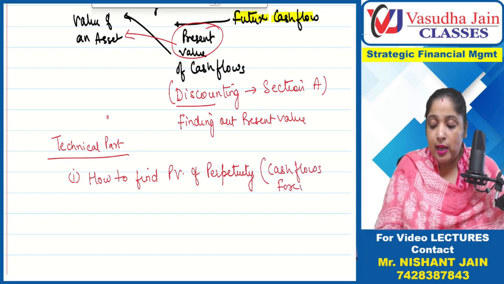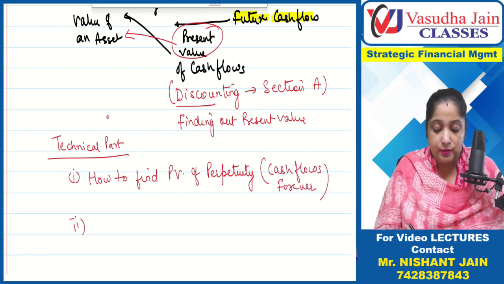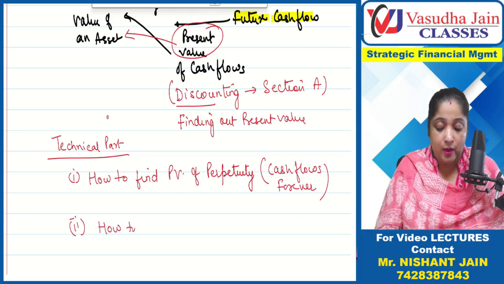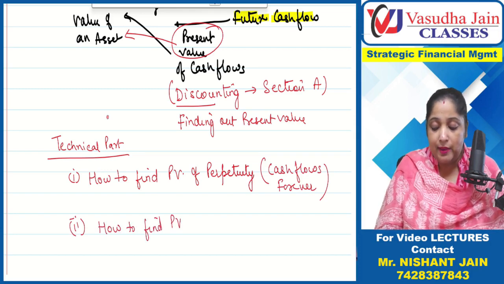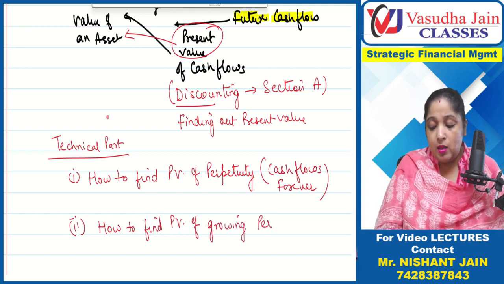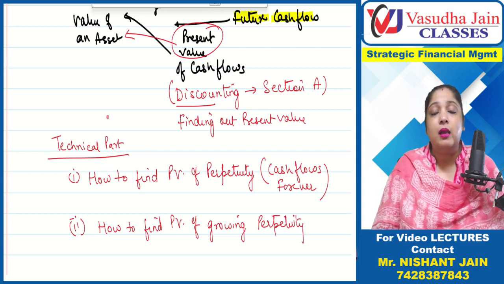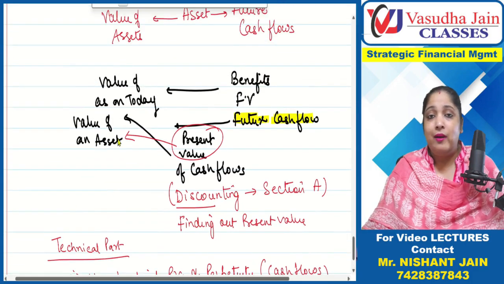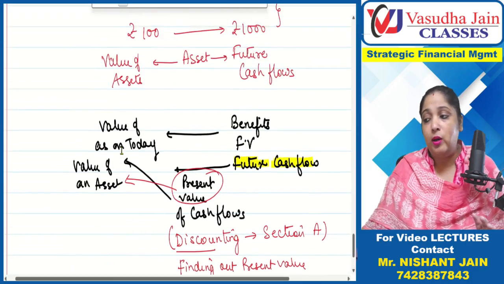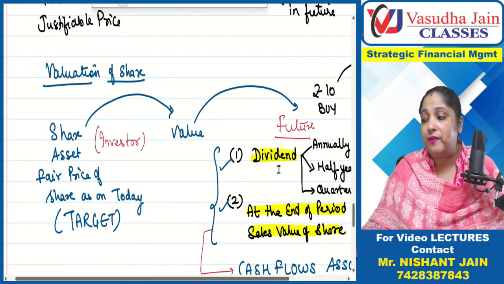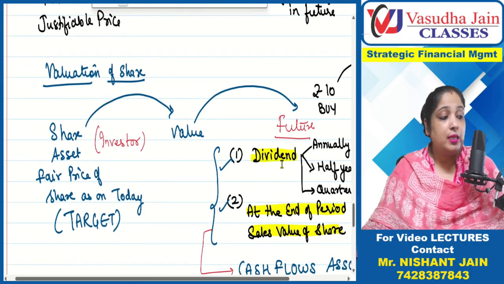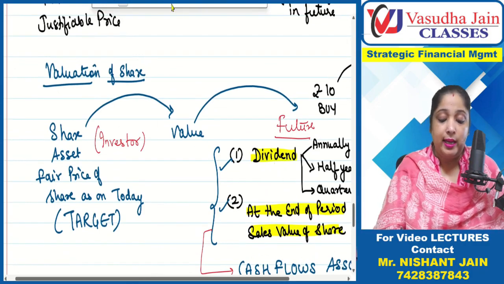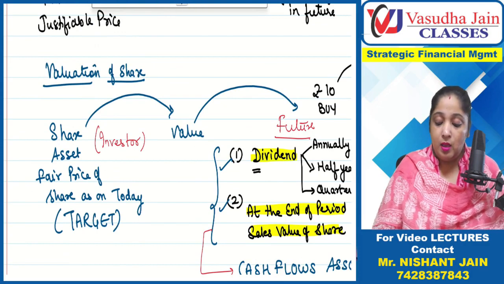And another thing, this we have to learn in this lecture itself: how to find the present value of growing perpetuity. Because ultimately we have to understand what benefits a share will give you. I only know that shares can give us two benefits: dividend, or sales value.